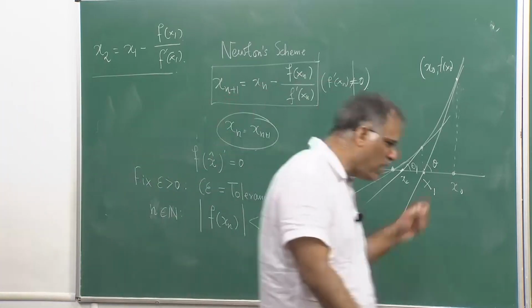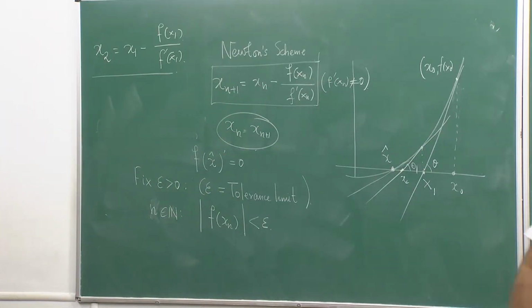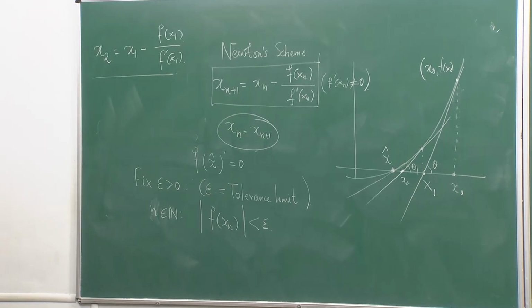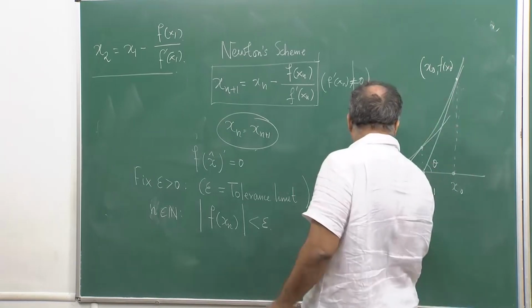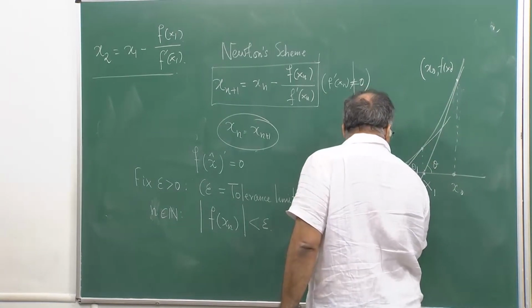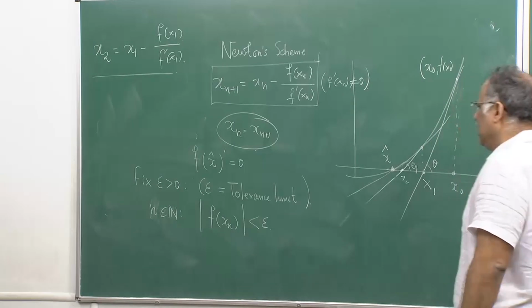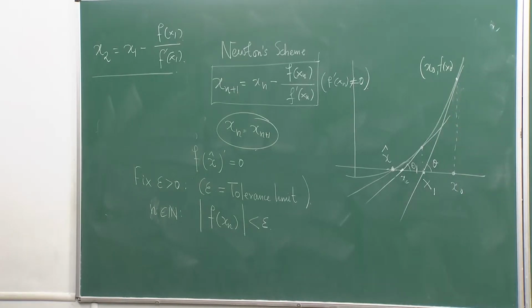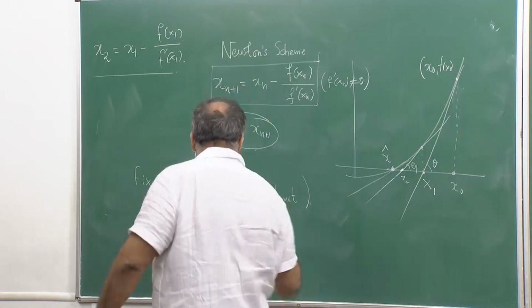The function value could be here or here, very near that point basically. Then it is alright for me, and that is where I stop.